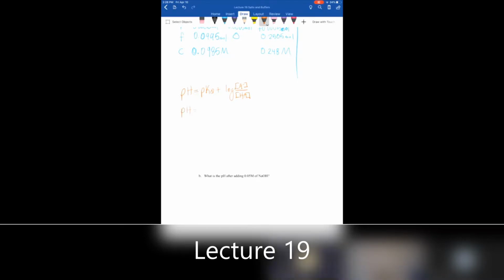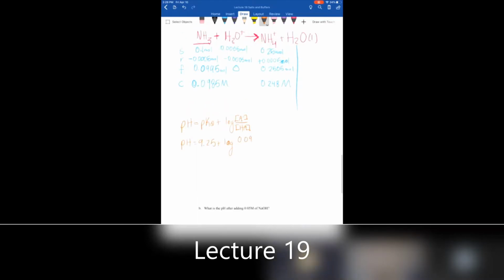So 9.25 plus log of 0.0985 M over 0.248. Oh, no. Sorry. I was supposed to add. Oh, no. What am I doing? Sorry. I did add. I was looking at the concentration. Okay. I confused myself. Every time I did Henderson-Hasselbalch, I used to always either add to both or subtract from both.